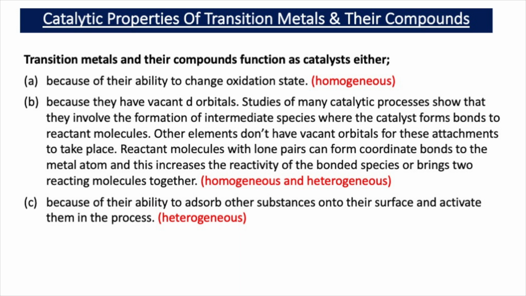The existence of vacant d orbitals and the fact that reactant molecules can bind to these via dative bonding is a characteristic that is useful for both homogeneous and heterogeneous catalysts. However, the ability to adsorb other substances onto their surface and activate them in the process is a property that is really only important for heterogeneous catalysts.